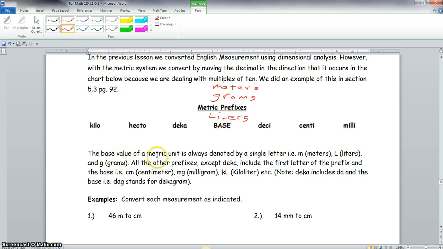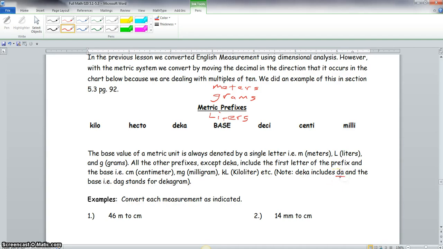Okay, now it says the base values of a metric unit is always denoted by a single letter, like M for meters, L for liters, and G for grams. All the other prefixes except deca include the first letter of the prefix and the base, i.e. cm. So we have centimeters, so that C represents the centi, this M represents milli, and this K represents kilo, etc. Note, deca includes DA.